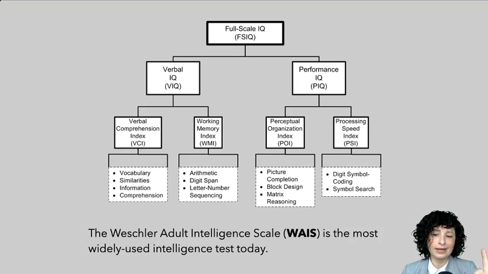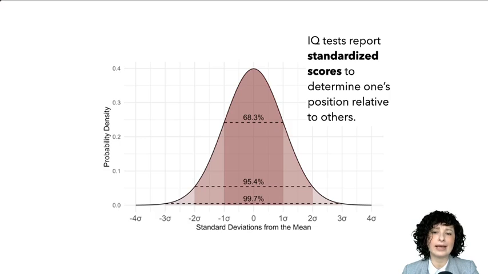Now, the WISC is standardized. Most IQ tests, like any good IQ test, are going to be standardized. What this means is that the actual scores end up getting Z-scored. They get forced into a normal distribution where a Z-score of 0 is the mean.